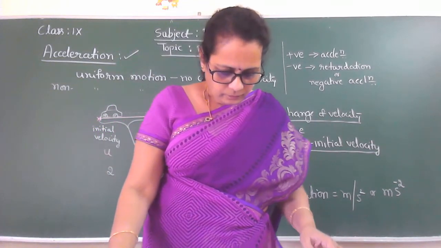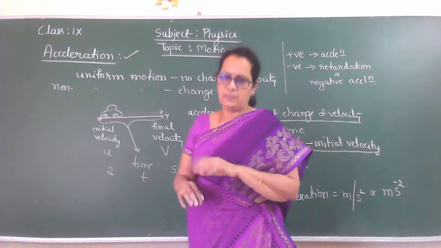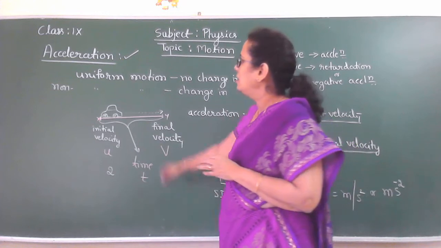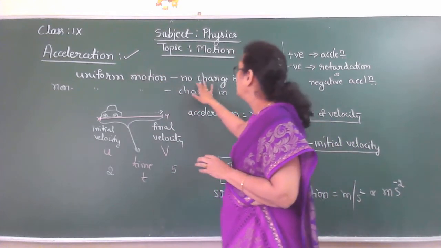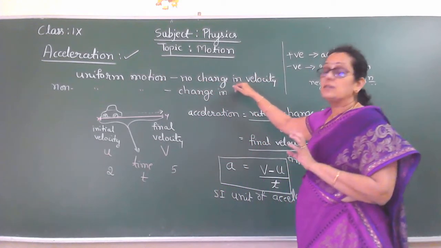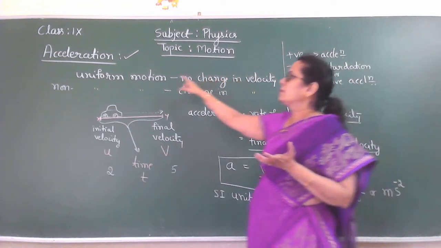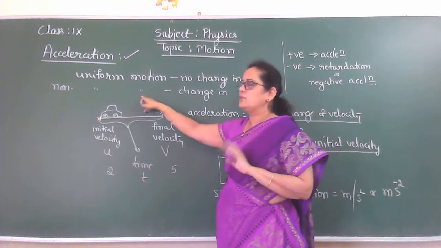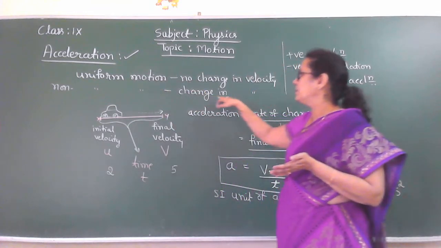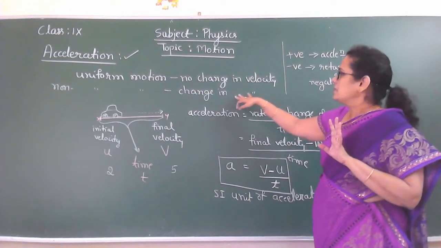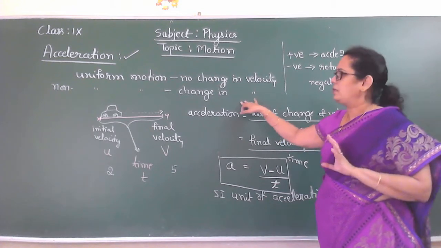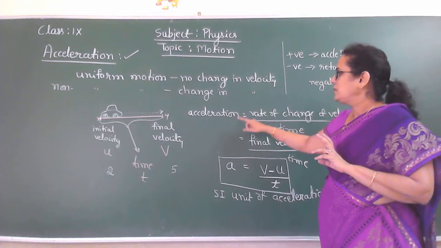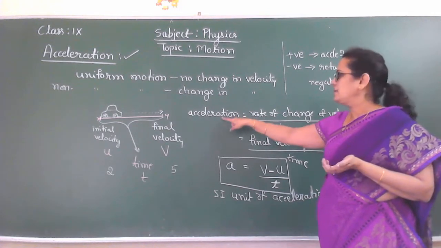Now, today what we learned, before I explain one example, let us recall. When the body is moving in uniform motion, the velocity is constant. If it is moving in non-uniform motion, there is a change in the velocity. For this change of velocity, we took one physical quantity, that is acceleration.